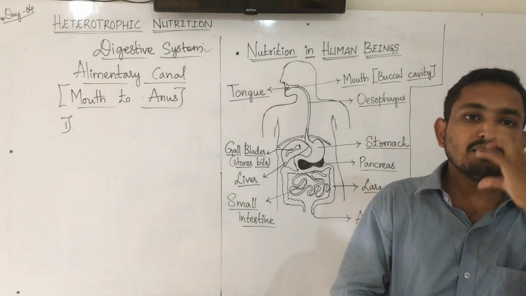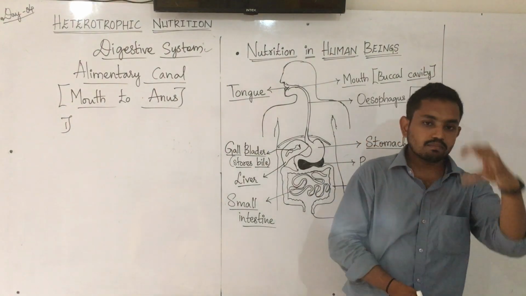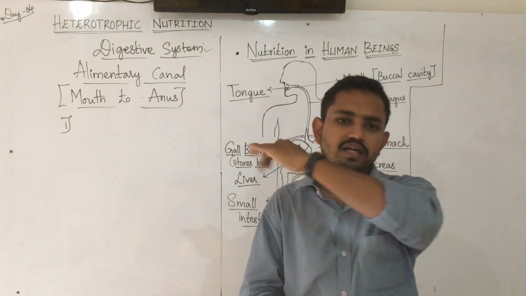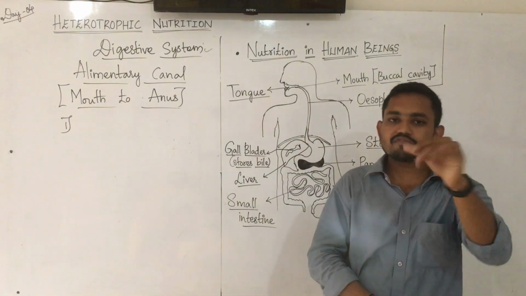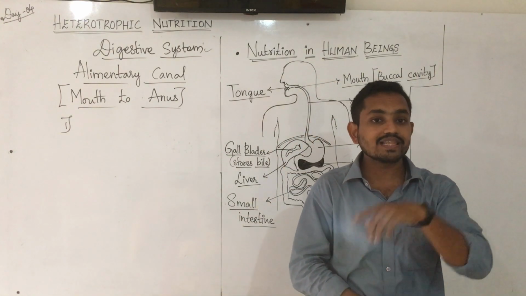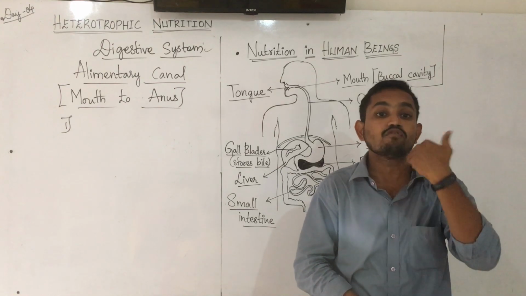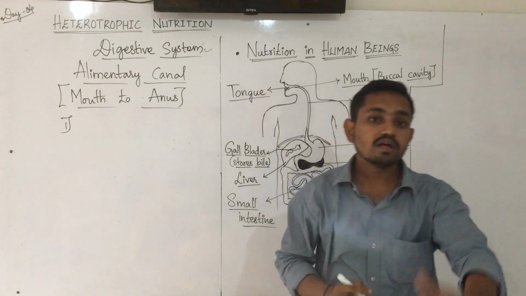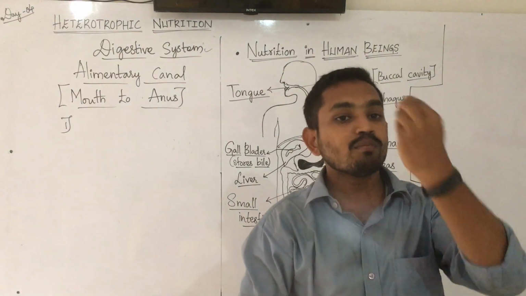Mouth is the place where we take the food. As in the amoeba, I have discussed 5 important terms. The first is ingestion, the way of obtaining food inside. So when we take human beings as an example, we take food through the mouth itself.